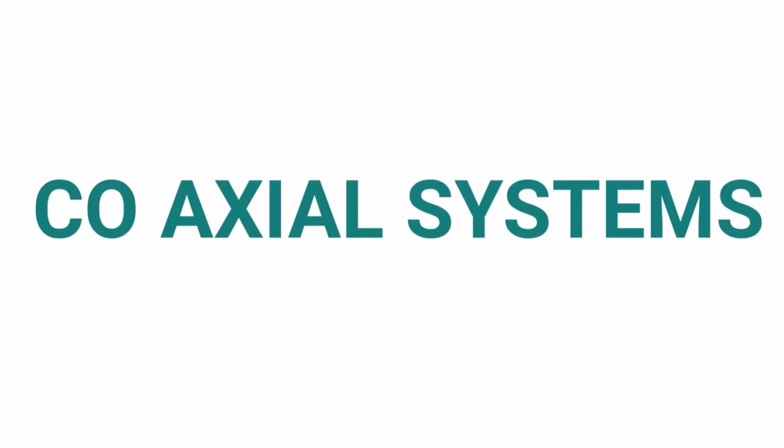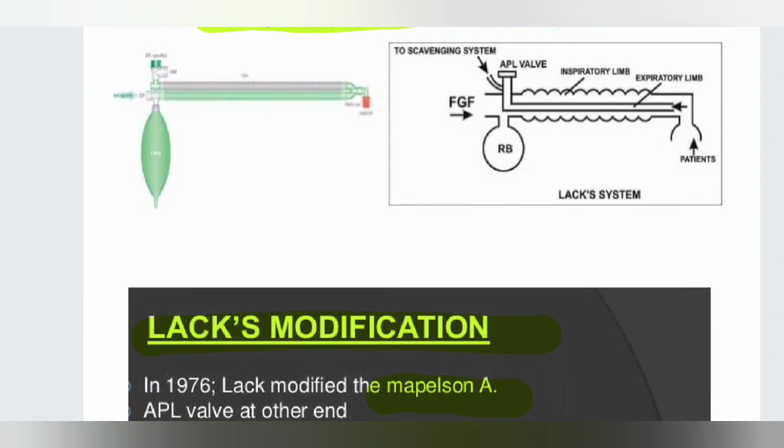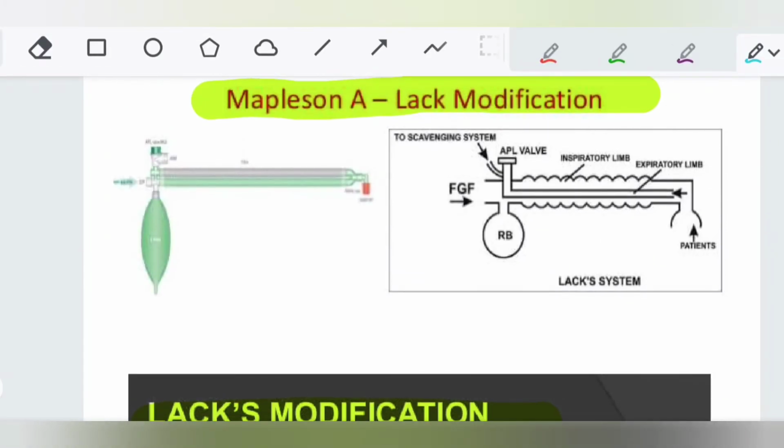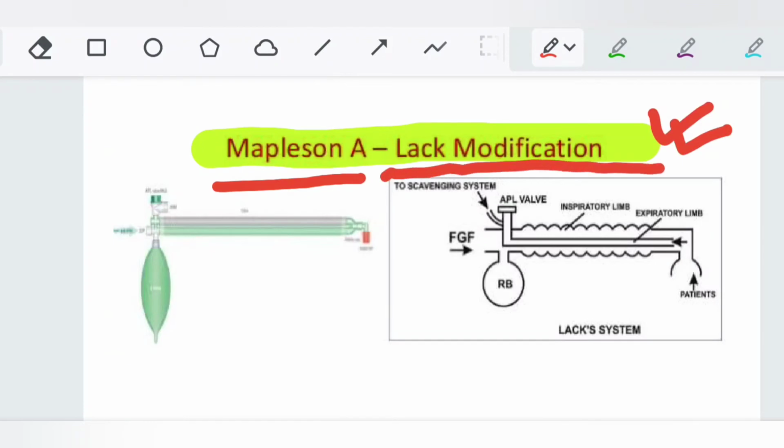Now let's see coaxial systems, or coaxial modifications of Mapleson circuits. There are only two to three coaxial modifications. For Mapleson A, there is a coaxial modification, also known as the Lack modification. Just remember the name of the coaxial circuit and which circuit it is a modification of. That is more than enough.